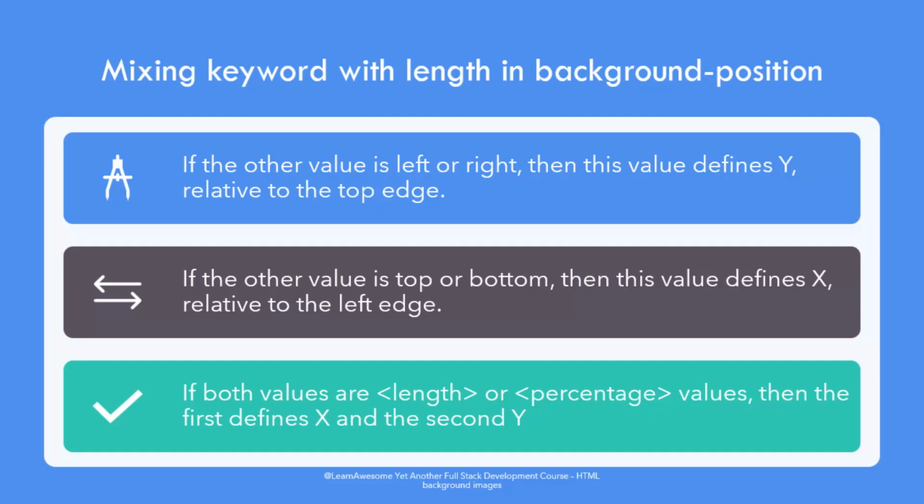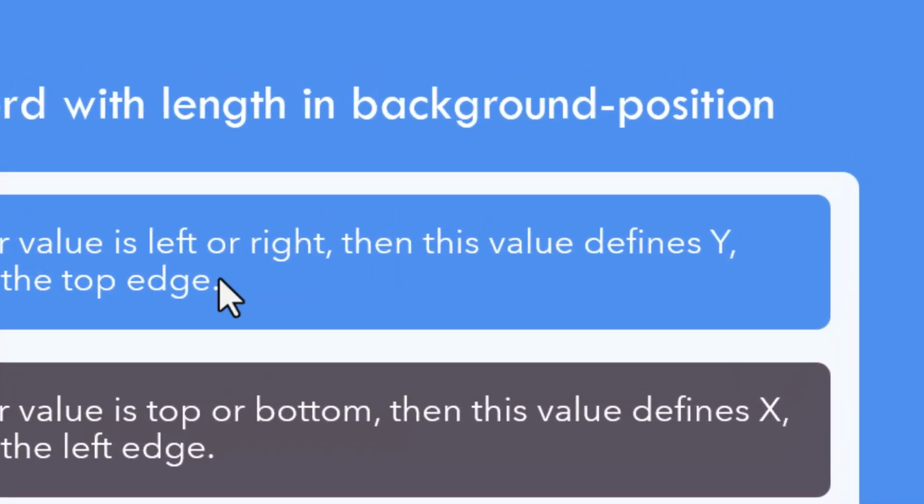If both values are length or percentage values, then the first value defines x and the second value defines y. All right, I'm perfectly aware this did not make any sense at all. So I just reproduced this in written form again, so you can come back and refer to it after our examples. So let's go to our examples and try it out. Otherwise, it would never make sense.